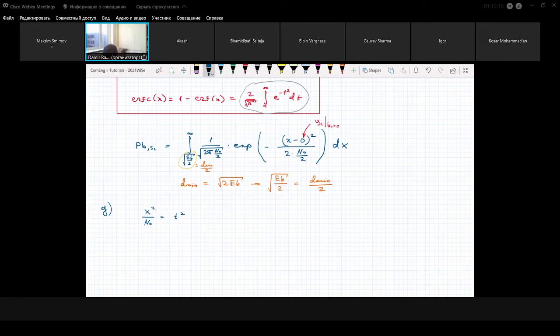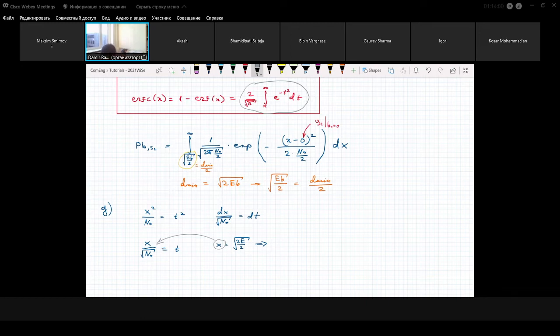I can just calculate the square root of it, and I get that x divided by square root of N naught equals t. Then I can calculate the derivative, and I get that dx divided by square root of N naught equals dt. And the final step, I need to understand what happens with the limits. The lower limit for x was square root of EB over 2. After replacement, if I substitute x in the expression on the left side, I have to divide by square root of N naught.